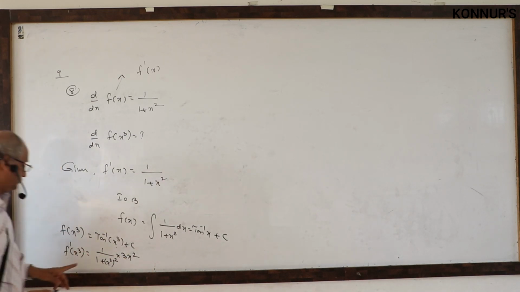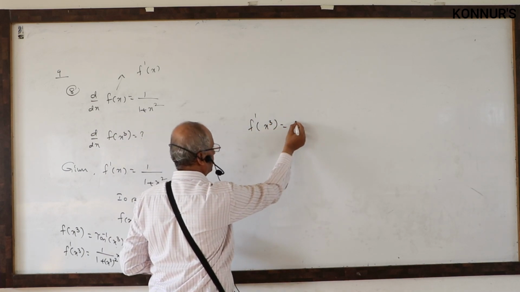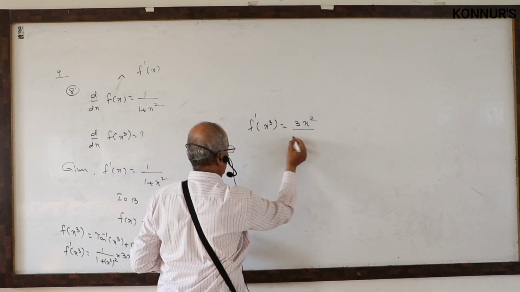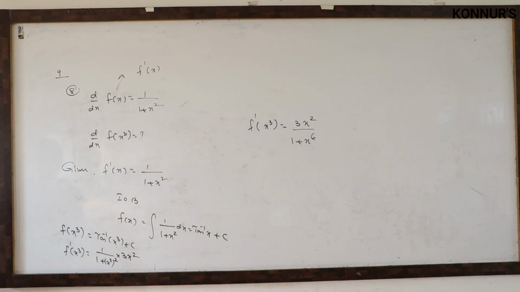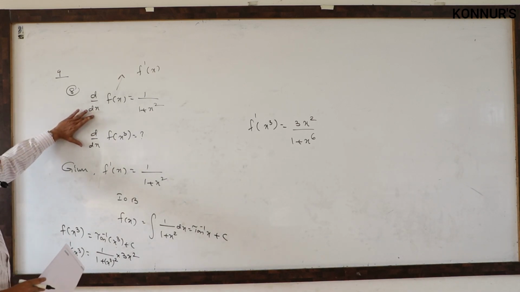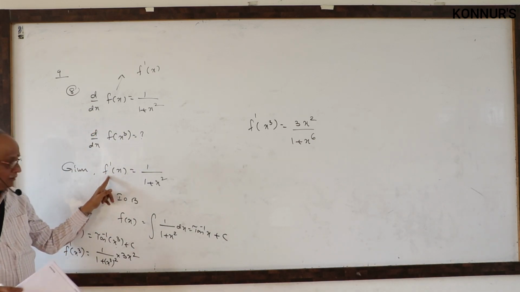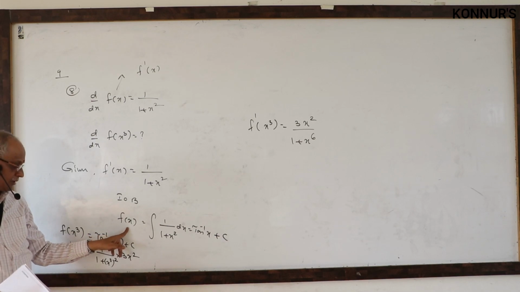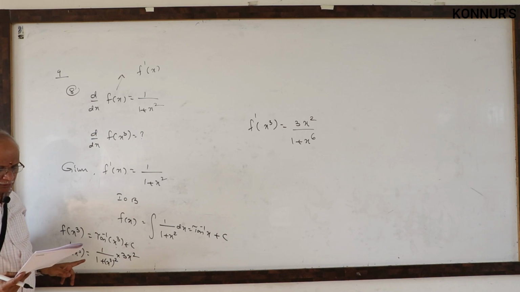Finally, we get the answer that f dash of x cube is equal to 3x square by 1 plus x power 6, because the constant's derivative is 0. That is the answer. It is a concept-related problem. The derivative is given, he is asking this one, we integrate, the derivative cancels, and you get the original function f of x. For that he is asking you the derivative. Then where is this answer? Second option.